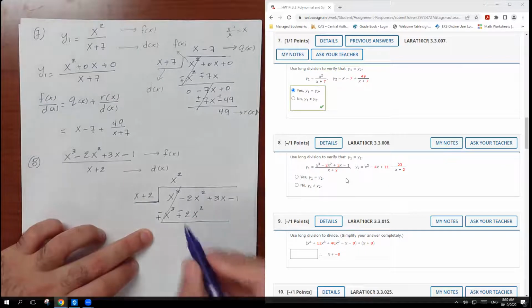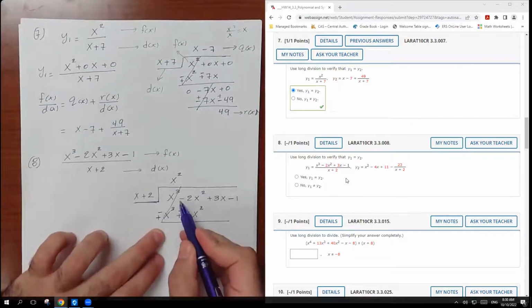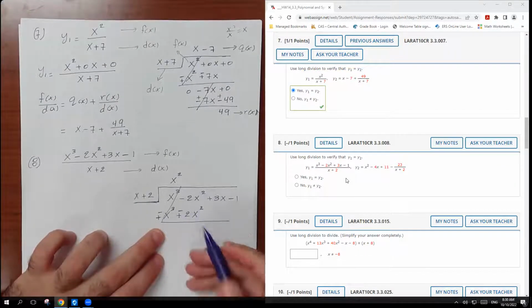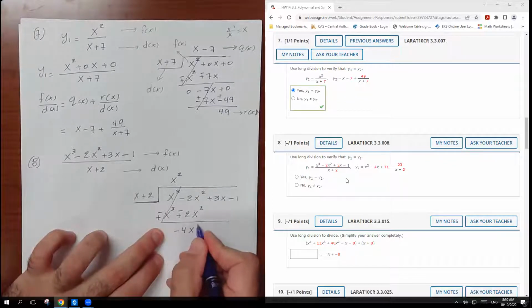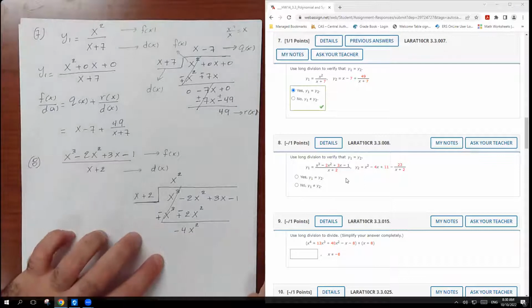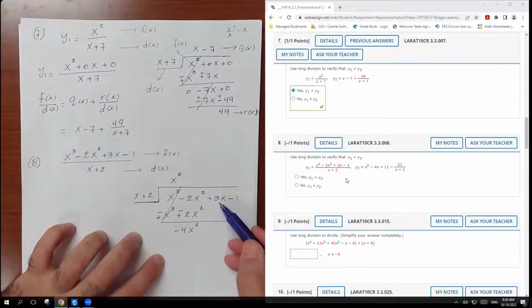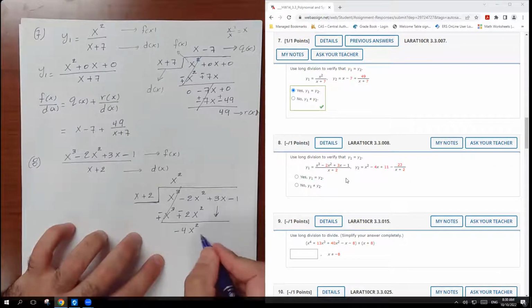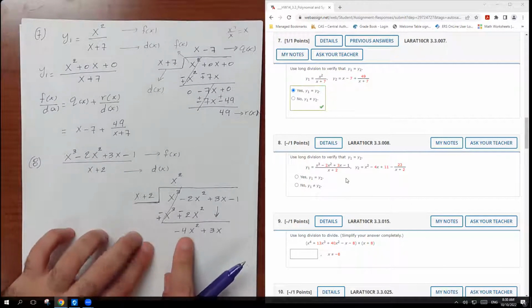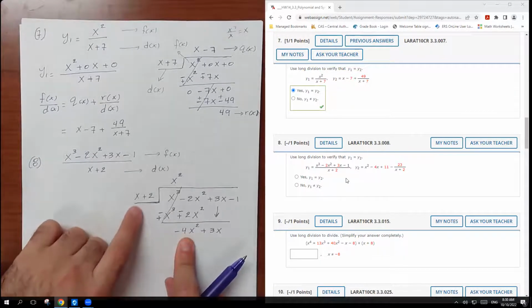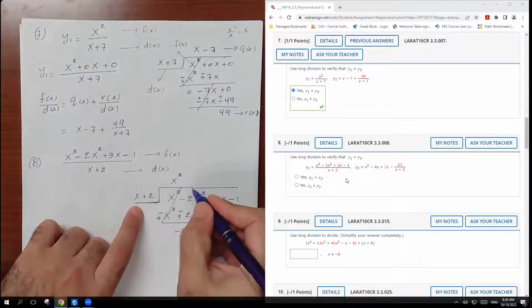Then this one is going to cancel, because x cubed minus x cubed is 0. Negative 2x squared minus 2x squared is going to be negative 4x squared. I'm done with the first step. I'm going to write down now this term, which is plus 3x. Then I'm going to start the second step. Do exactly the same. Negative 4x squared divided by x. You can do it on the side.